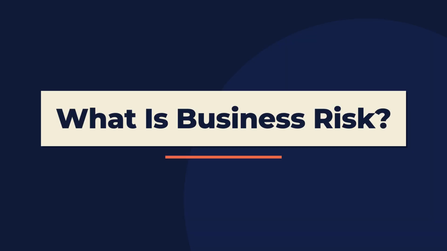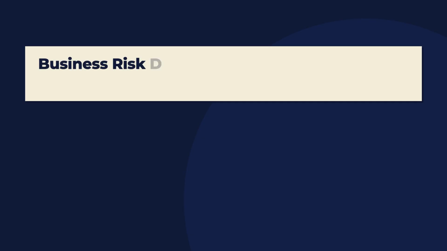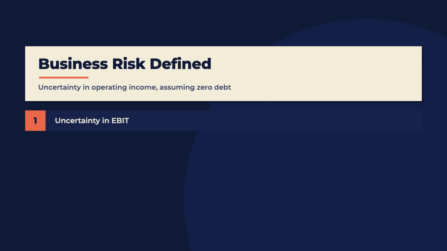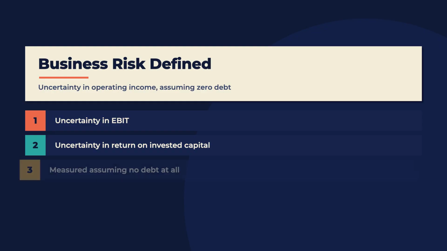Long before a company ever borrows $1, its business already carries risk. That inherent uncertainty in operating results has a name: business risk. Business risk is the uncertainty in a firm's projected operating income, its earnings before interest and taxes, or its return on invested capital, all measured as if the firm used no debt at all.